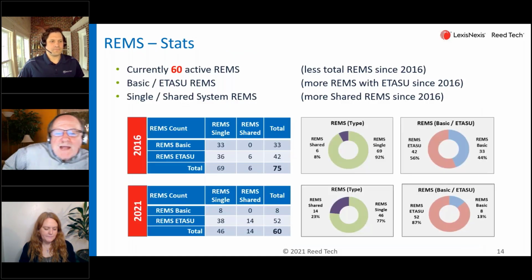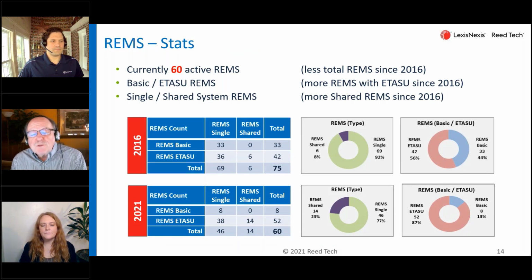All right, so these are the stats of those REMS that are published on the website. Just to finalize what we see here, the upper row of information is from 5 years ago, 2016. And the lower row was just updated recently, in the last few days, 2021 values.